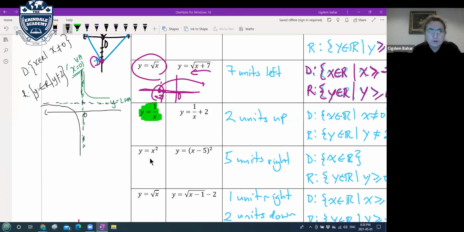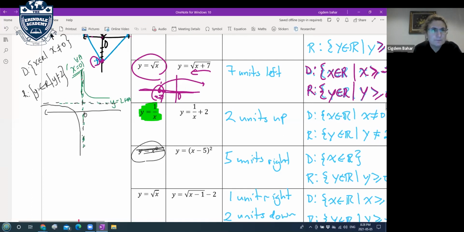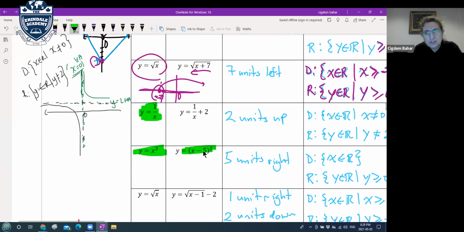Okay, let's continue. You have a parabola now. It's x squared. Now you are shifting 5 to the right. So this graph, it's a parabola.